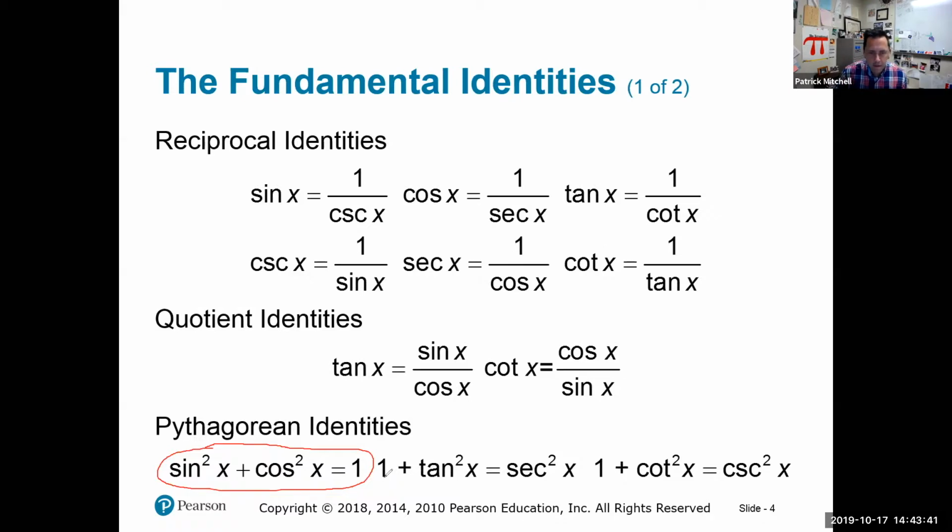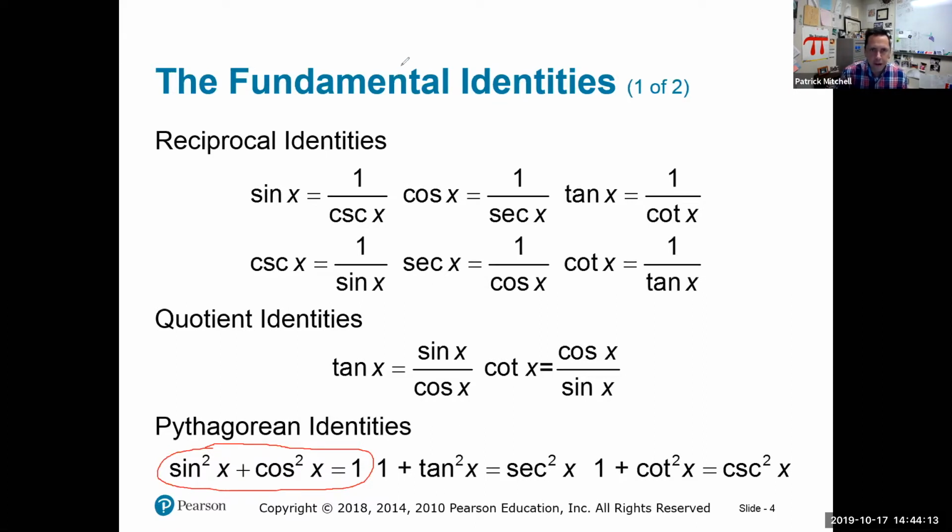I'm aware that there is an identity that relates tangent squared to secant squared, and an identity that relates cotangent squared to cosecant squared. But even after all the years I've been doing this, I don't trust myself to remember: is that identity 1 plus tangent squared x equals secant squared x, or is it 1 plus secant squared x equals tangent squared x?